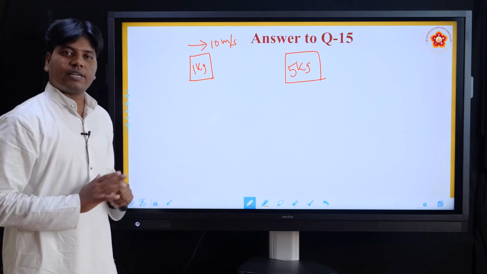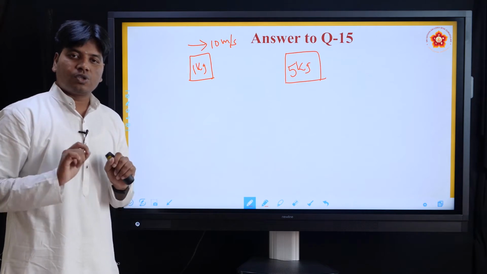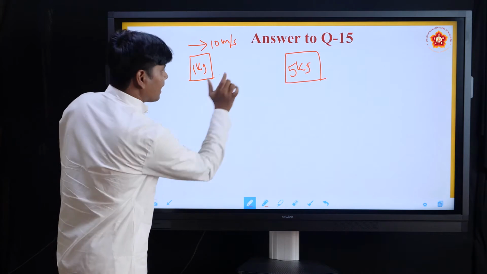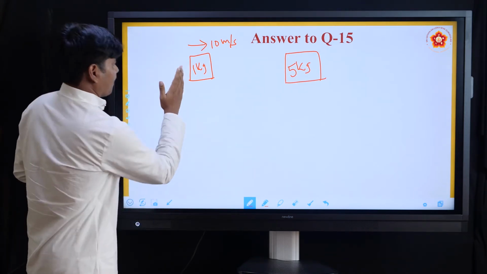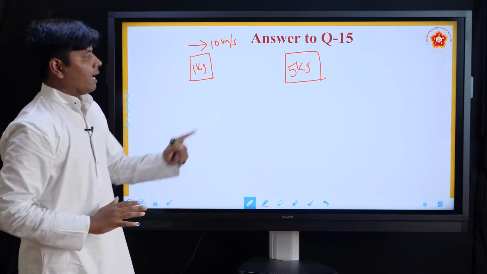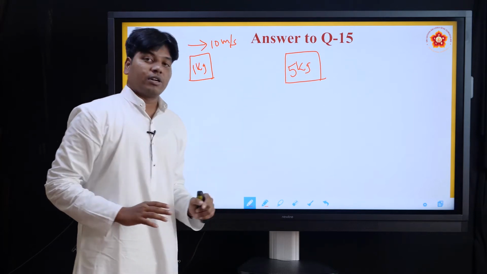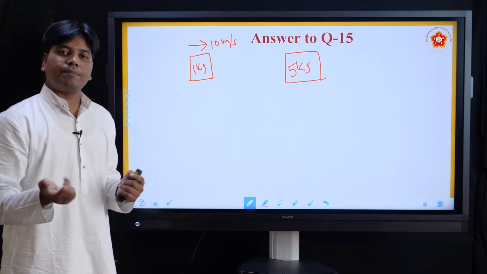Now just before the impact, there are two different bodies, right? So what will be the momentum of this system of object and stationary block before the impact? It is mass into velocity of this object and mass into velocity of this wooden block. We need to sum them up and we'll get the total momentum before the impact.